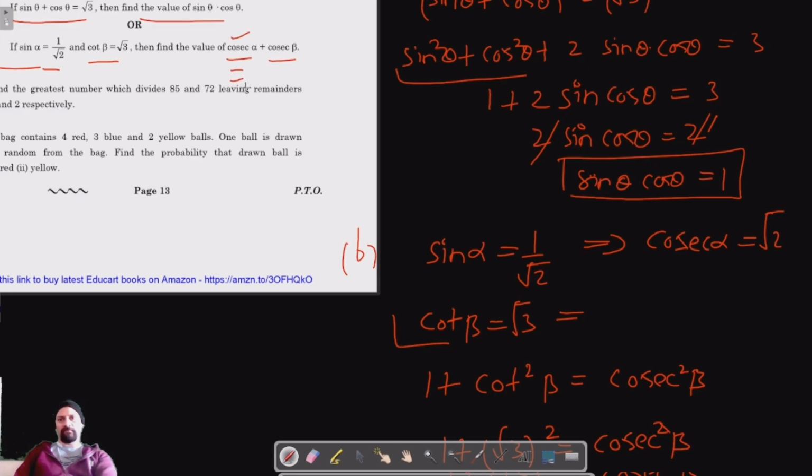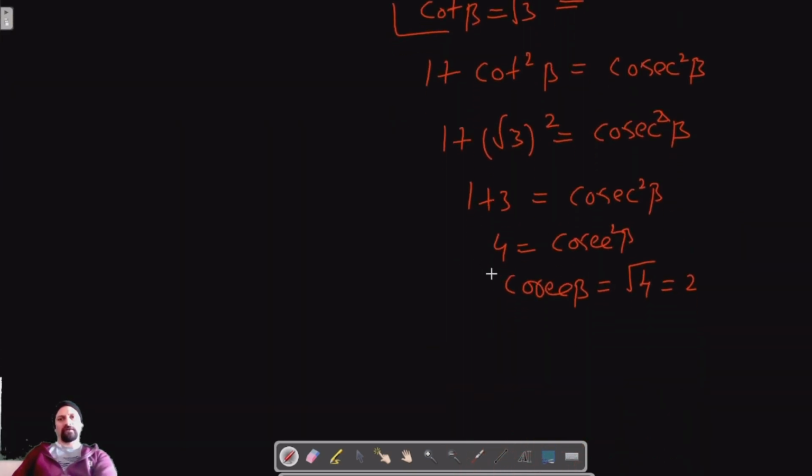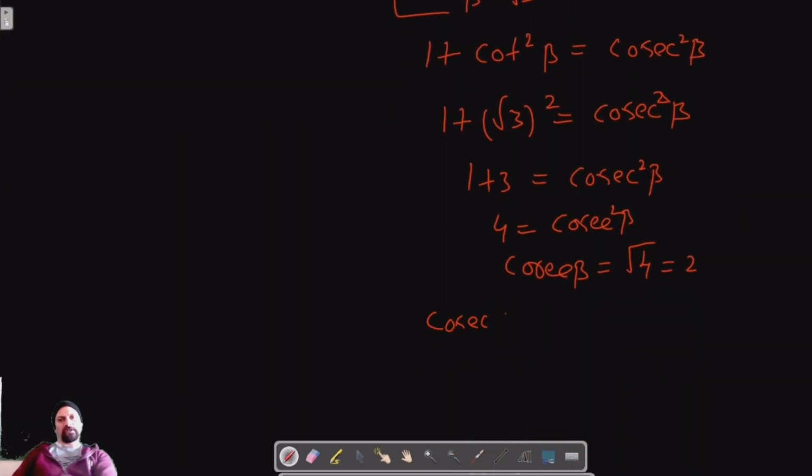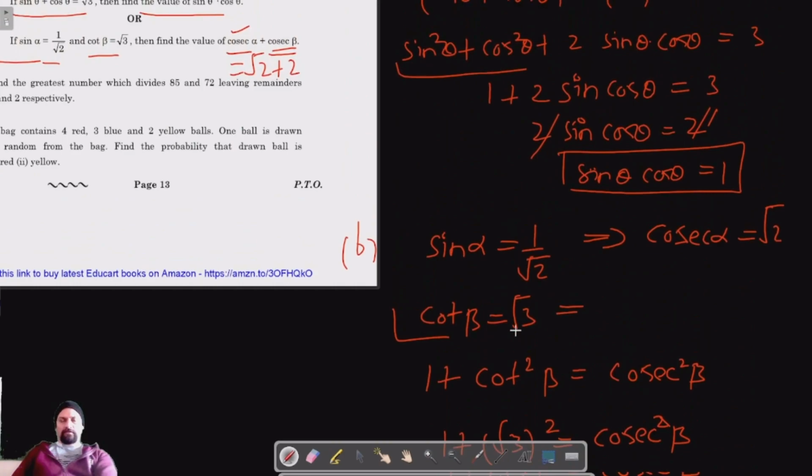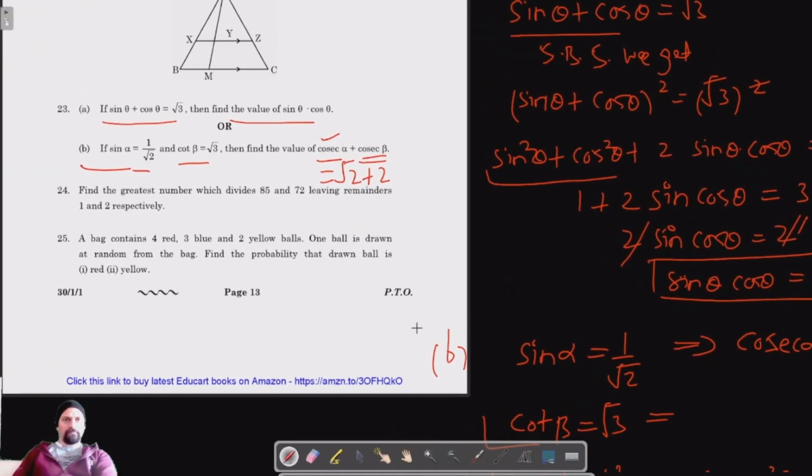So cosecant alpha is root 2 and cosecant beta is 2. So cosecant alpha plus cosecant beta is equal to root 2 plus 2. This solves our part B.